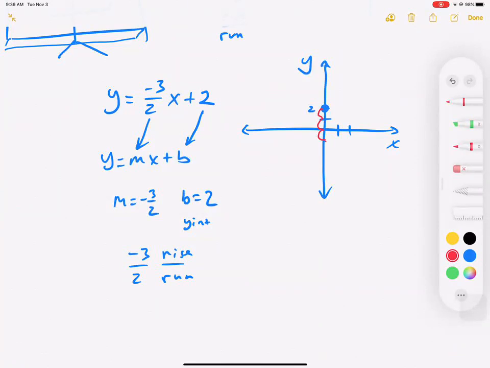We said +2. 1, 2 to the right because it's positive. Put your dot, and we have 2 points. We can do this again if you want. We can count it again from our new point. Down 1, 2, 3, and then over 2 spaces. Hey, they all look like they're on the same line. That doesn't look too bad.